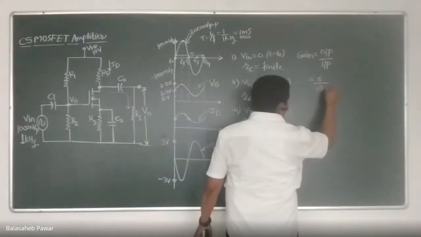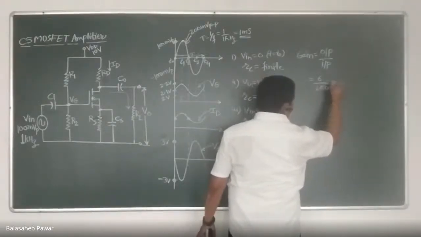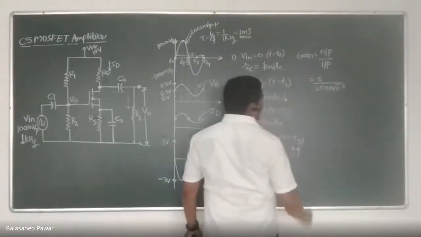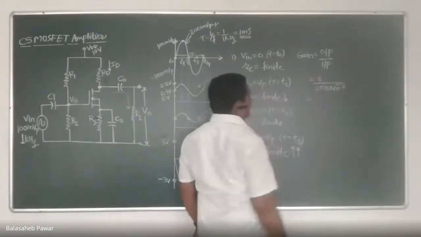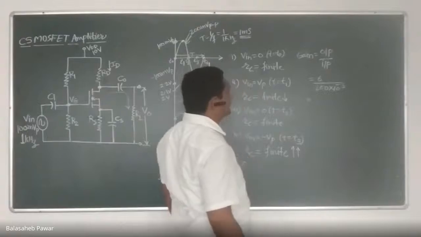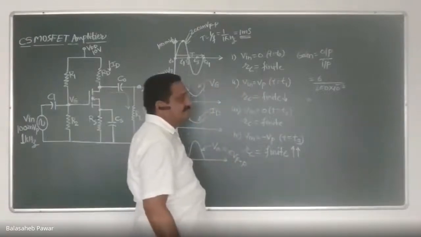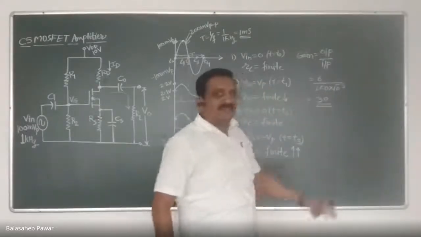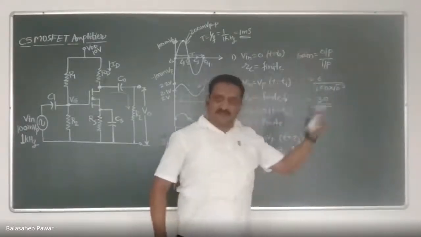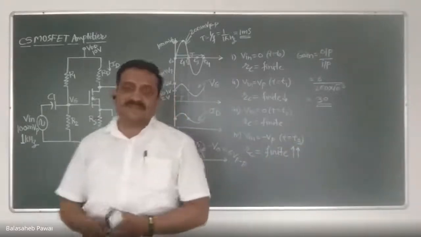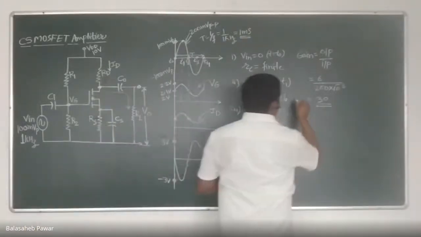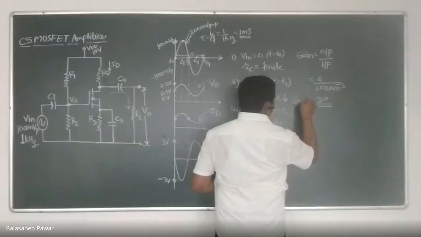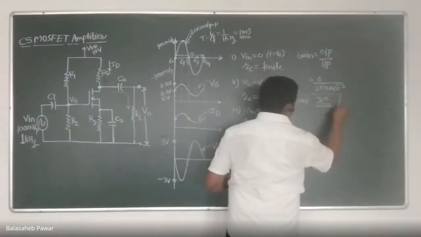Input is 200 millivolts, right? So just find out how much it will be. It will be 30. There is no unit, because it is voltage divided by voltage, output voltage divided by input voltage. So for gain, there is no unit. So the gain of this amplifier is 30.